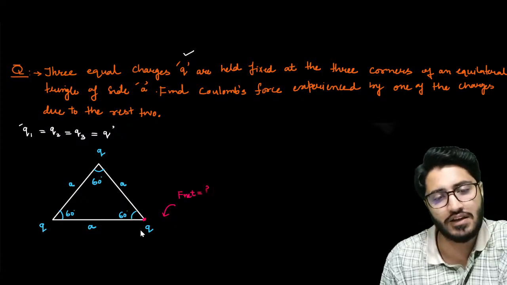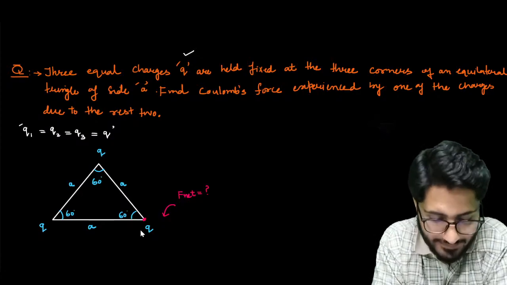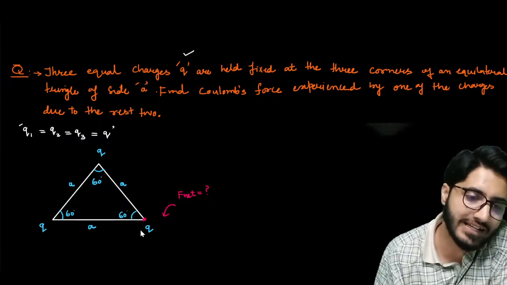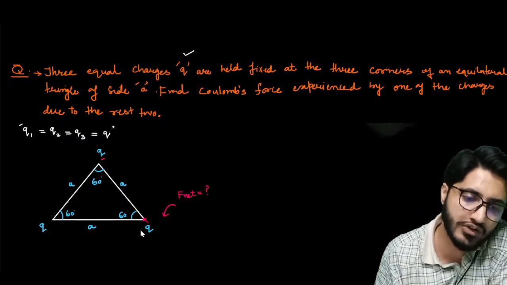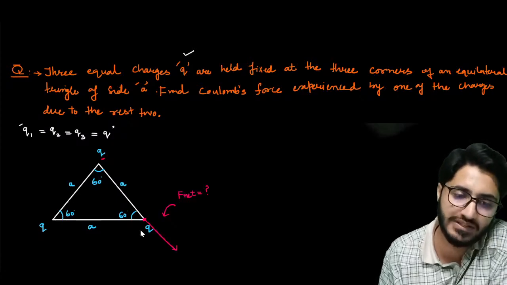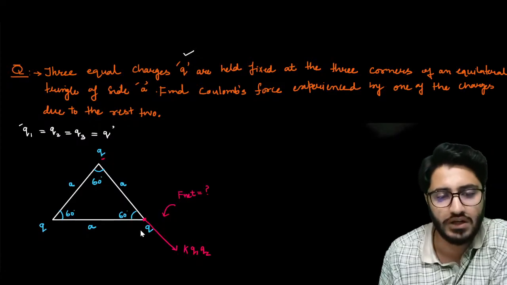To find the net force, we have to use the superposition principle. We know that this positive will repel this positive, along the line joining the two points. So it would be K Q1 Q2 divided by A square.